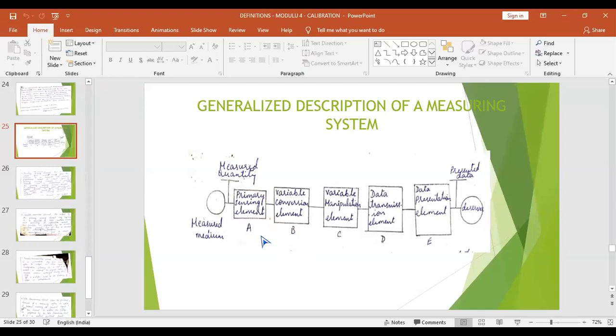Fix the strain gauges diametrically opposite on the member. Connect all and complete the circuit by using the Wheatstone bridge.